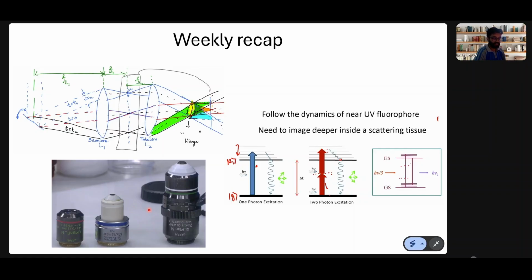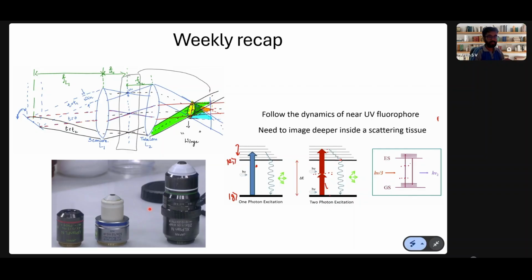All of these are based on the concept of infinity-corrected objectives, which produce parallel rays. One thing to note is that they can't form an image on their own, and must be combined with a tube lens in order to converge the light onto the sensor.